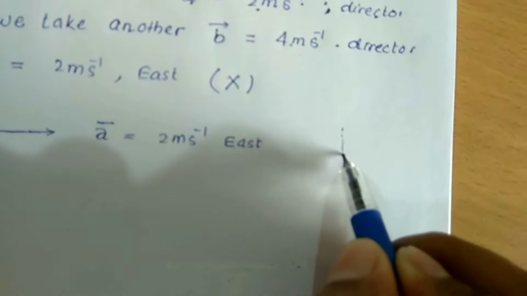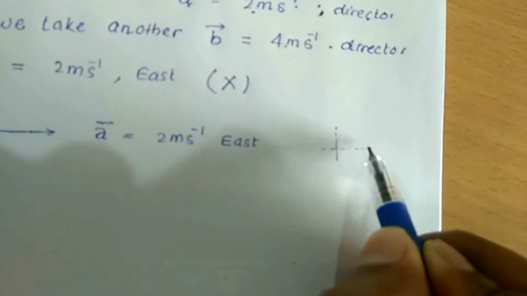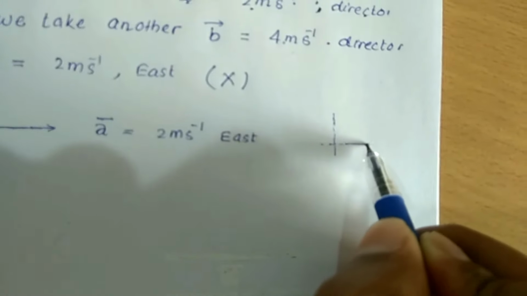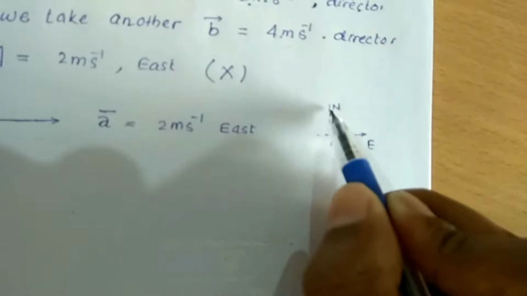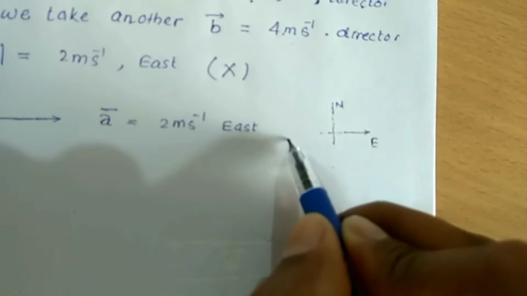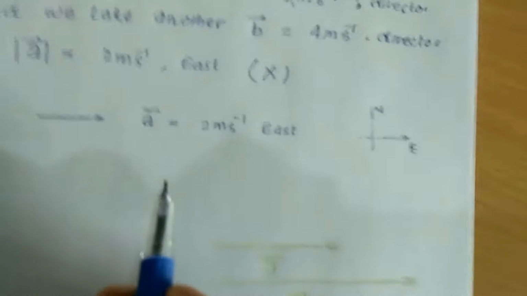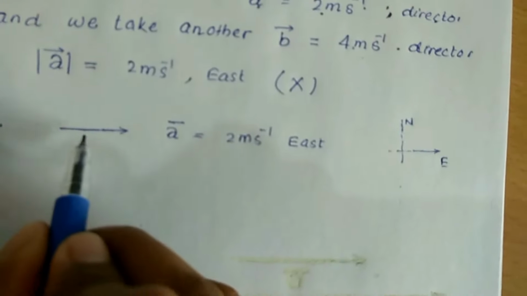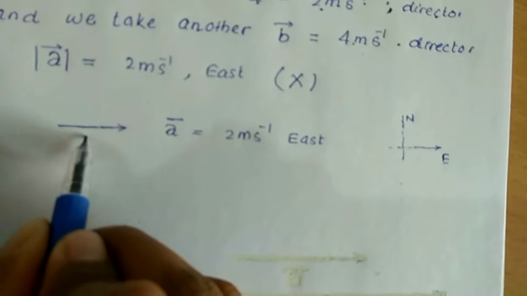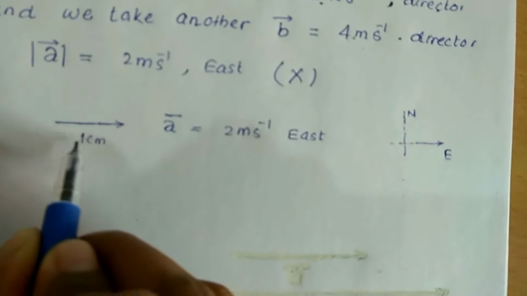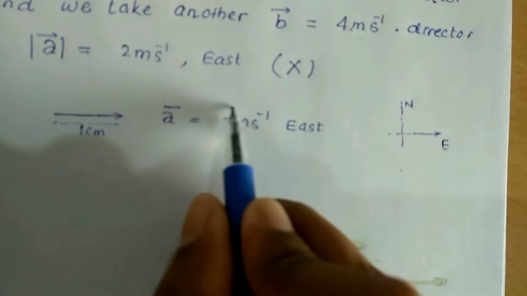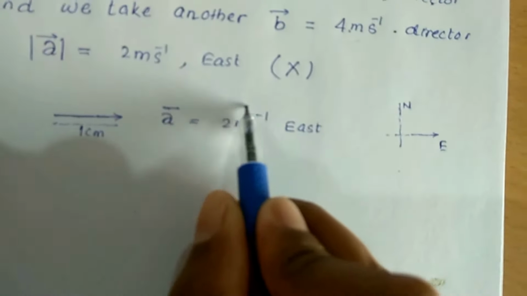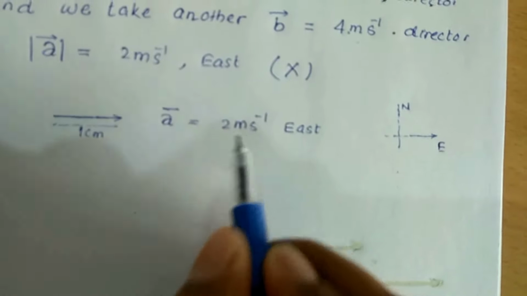We take here east and north only, at least two representations, symbol arrow east and north, then the remaining are automatically south and west. A is in the sense of east. If its length is 1 centimeter, this is called a geometrical length, and the magnitude of A is called a physical length.